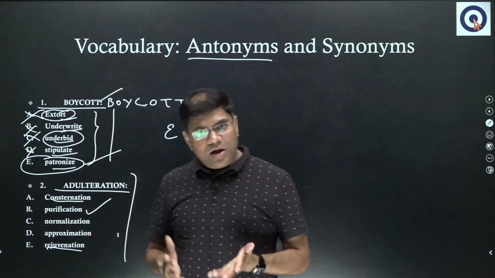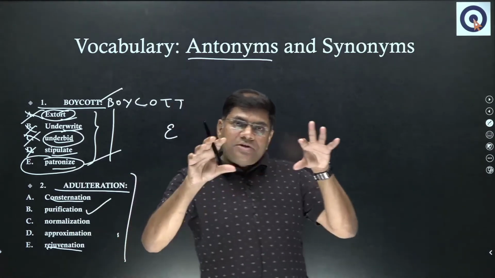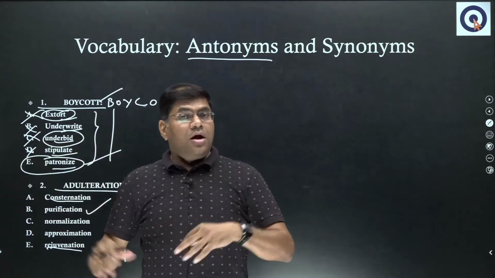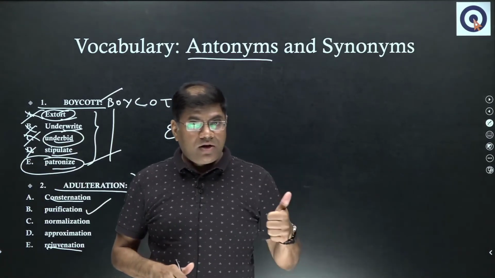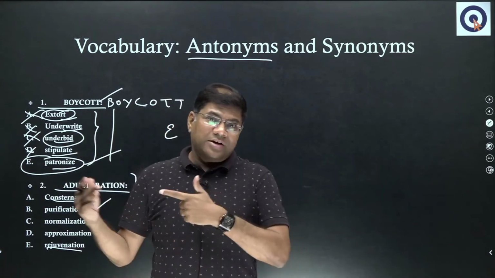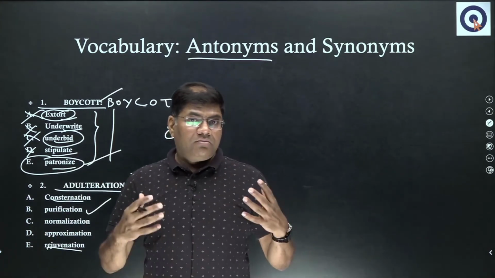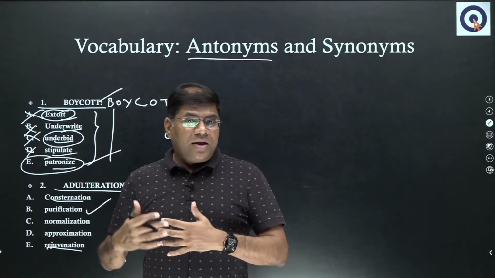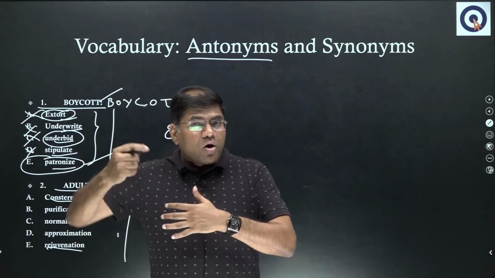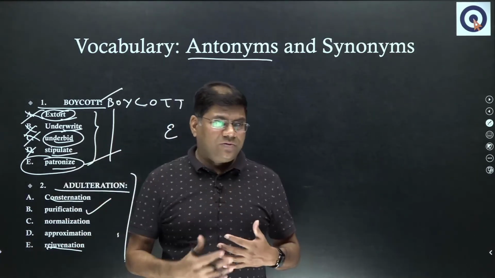So what we have seen today is that there are certain areas of English that you should be good at. RC is one very important area. The second is verbal ability, grammar and vocabulary. People who are good in grammar and vocabulary have a higher chance of finishing those small questions, which we call verbal ability questions.